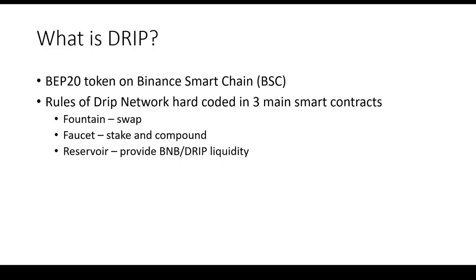Those smart contracts are hard-coded into the Binance Smart Chain blockchain. That means they are immutable. They cannot be changed. They are what they are. They can't be pulled off the chain. They're on the blockchain. They always will be. And so you can depend on this project as being a complete project.